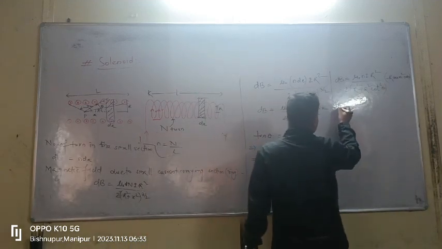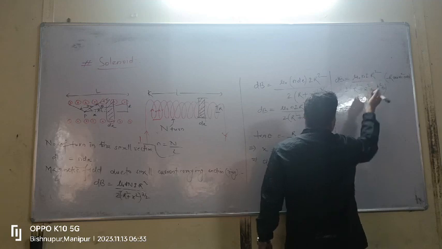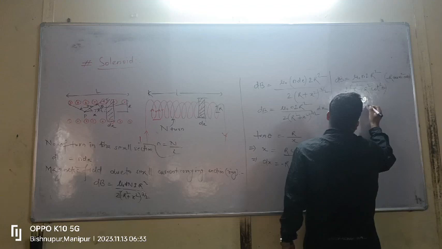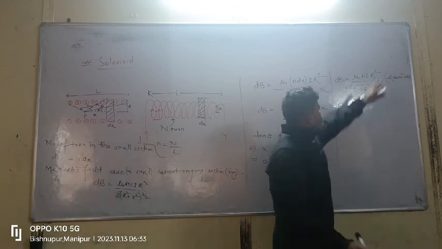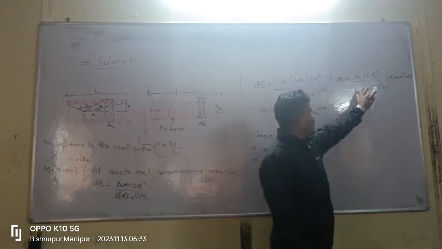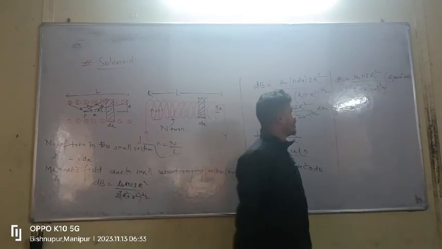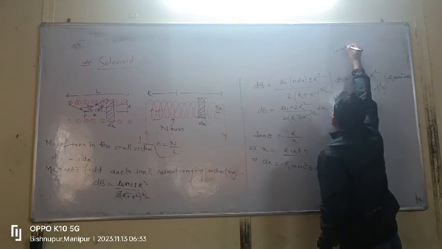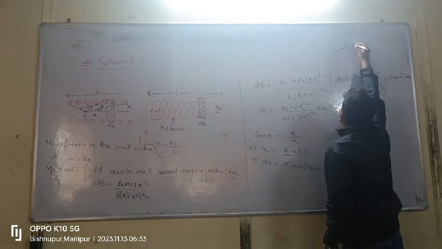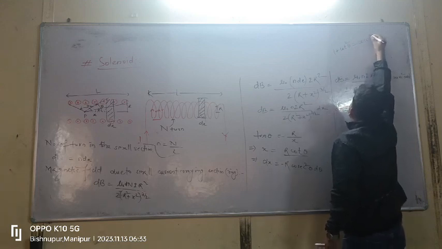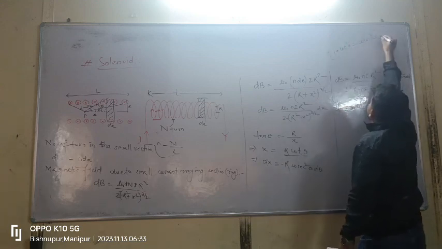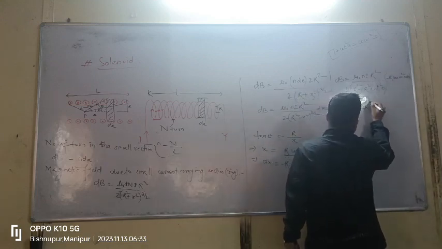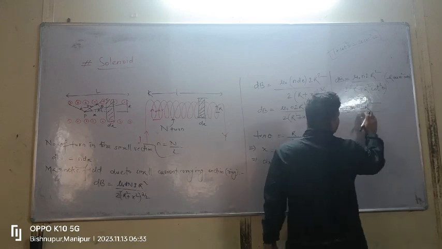Okay, good. dB equal to mu naught n I, and r will come out. Can I cancel it? 1 plus cot square theta, the formula. Forgot this? It is cosec square theta. Mu naught n I r square upon r square got cancelled.